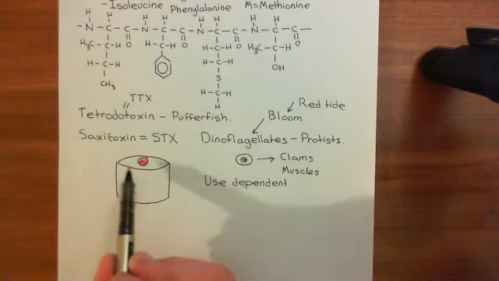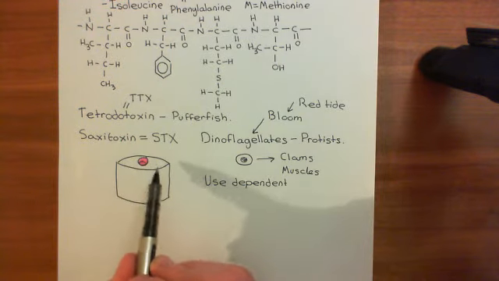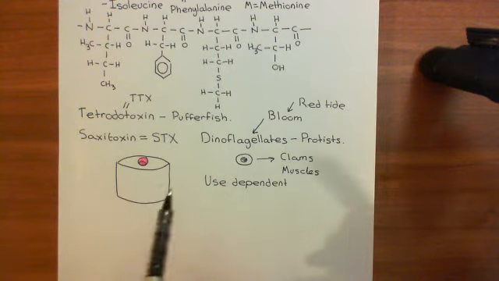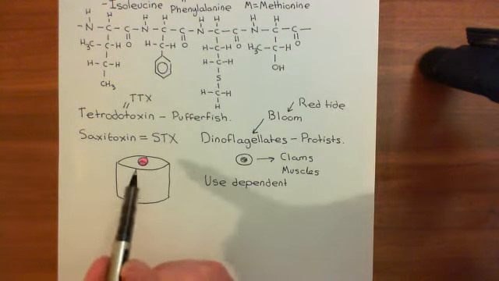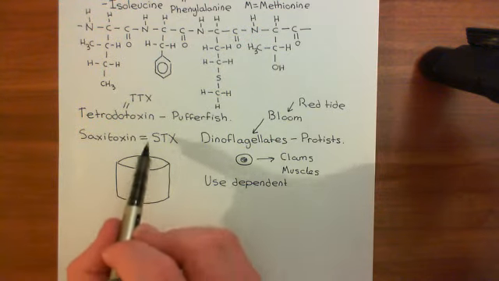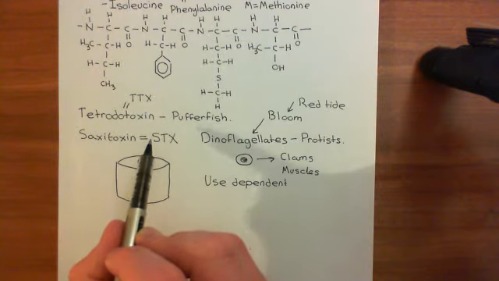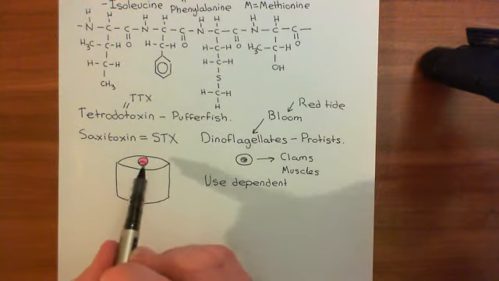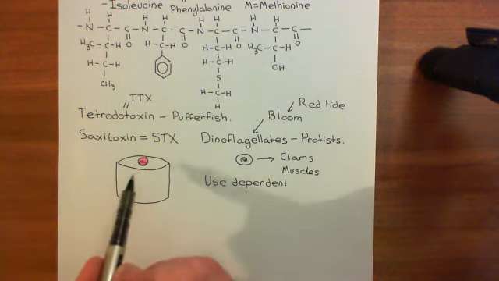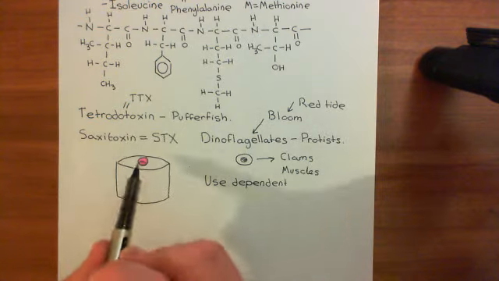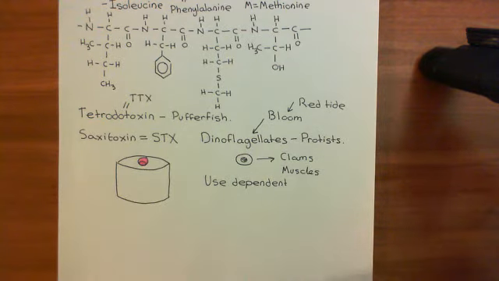Of course, when the channel then inactivates, and then the electrical potential difference goes back to the repolarized level, and you undergo de-inactivation and go back into the closed state, the drug will fall off, because it's use dependent. It only binds with good affinity to the open state of the channel, but by binding to the open state, it's going to block the movement of ions through it.